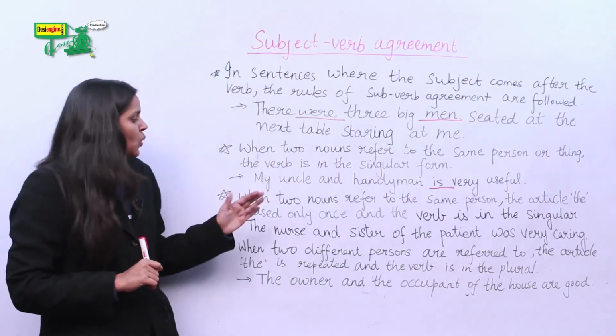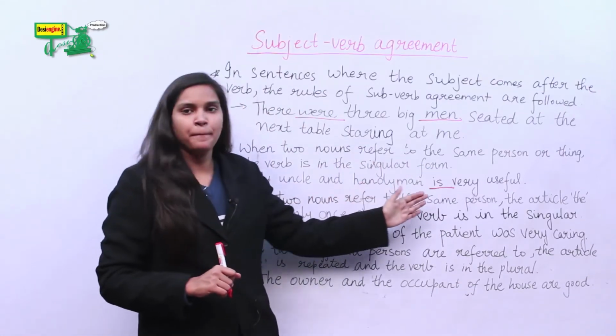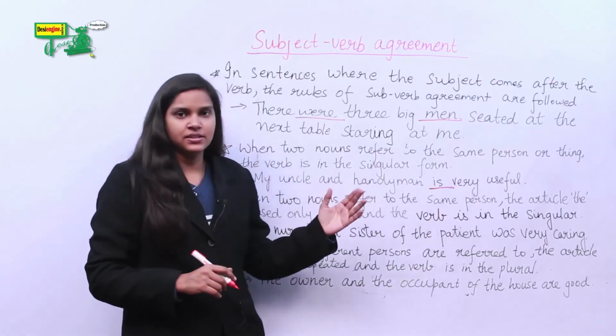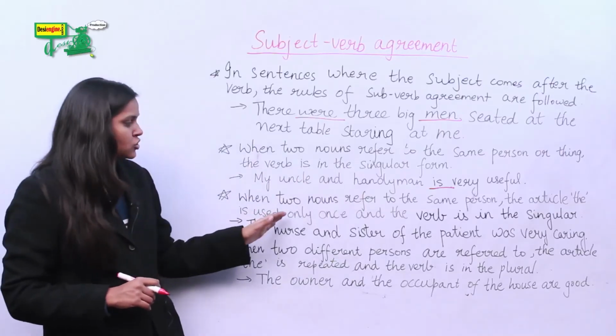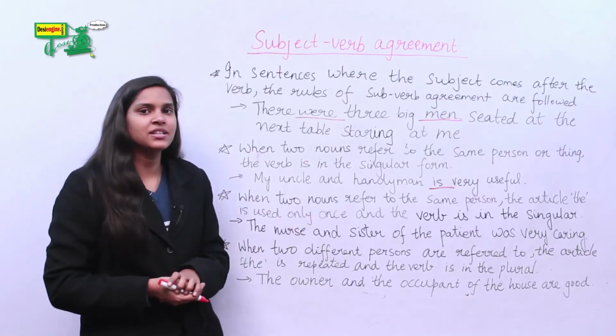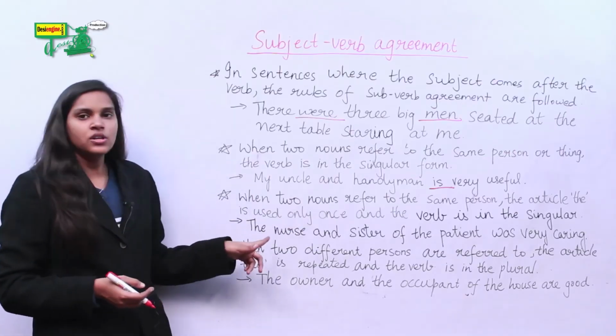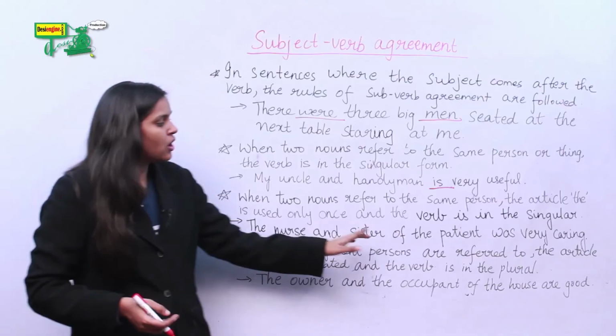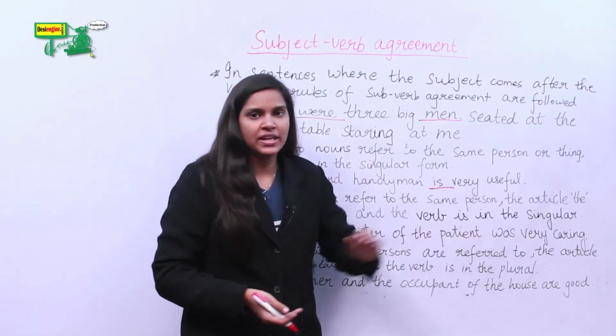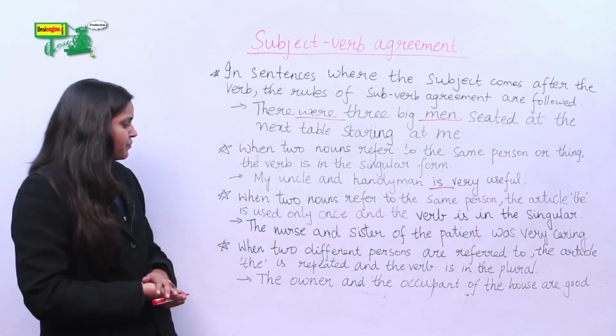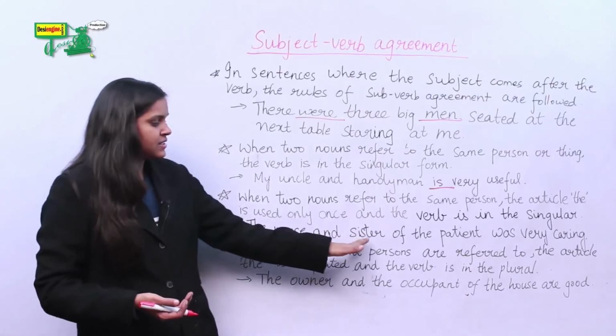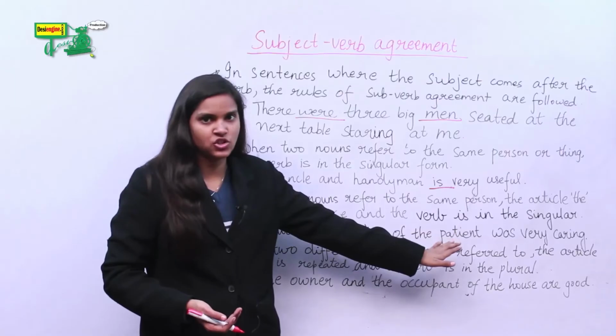Next rule is, when two nouns refer to the same person, the article the is used only once and the verb is in the singular form. Therefore, the nurse and sister of the patient was very caring. Here, the nurse and sister refer to the same patient.